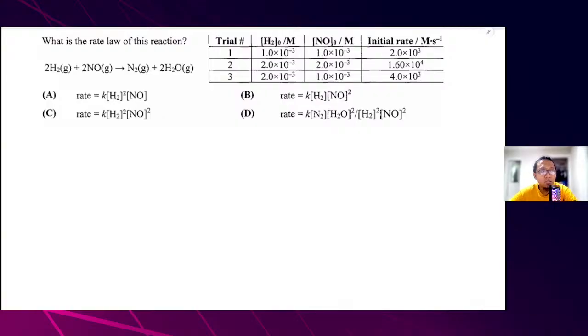So we determine the order of the reaction with respect to each reactant by seeing how a change in concentration affects the rate. Now let's start from trial 1 and trial 2.